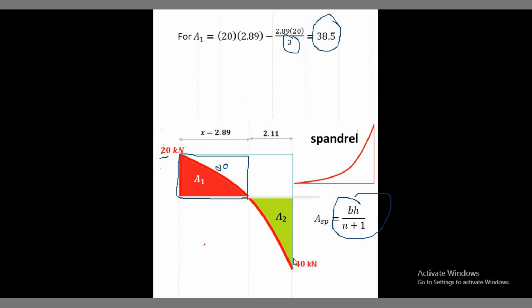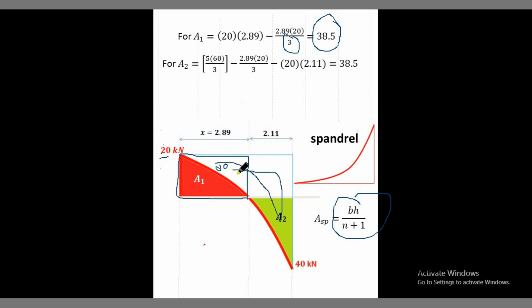Next, area 2 is kulay green. So, how do I solve that one? That is equal to 5. Diba, dun sa first na diagram kanina, yung kulay gray, itong buong to.